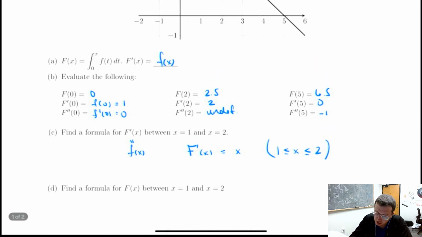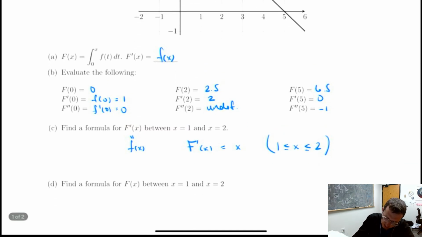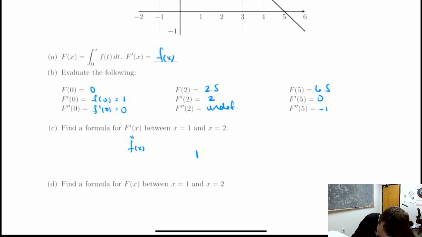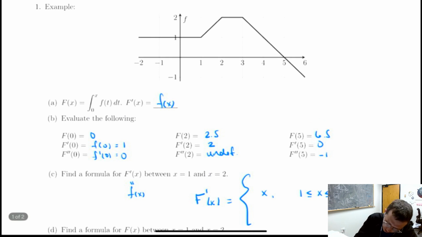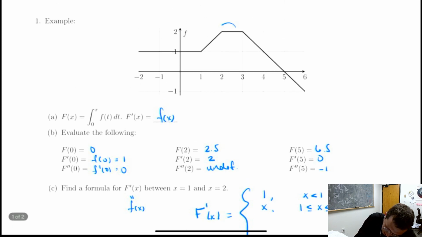If we wanted, we could write down a whole piecewise function. You know what? Let's do that, just for fun. So the piece that we worked out is that it is x if x is between 1 and 2. Now if x is less than 1, my y value is just 1. Between 2 and 3, the y value is 2.